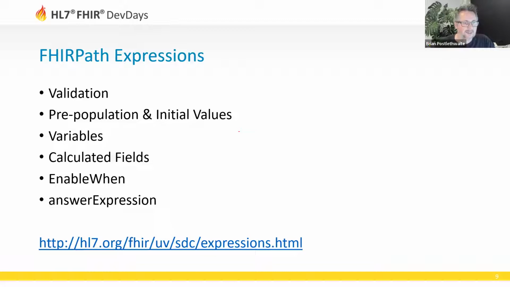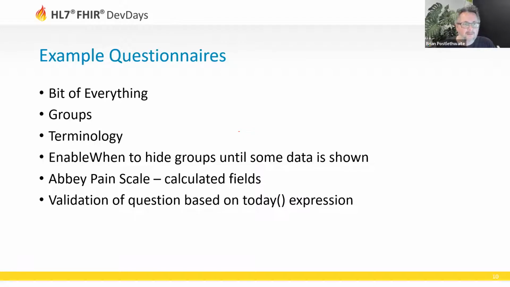And then answer expression is for those cases where, instead of answer option with a couple of codes, you can use answer expression, which can give you calculated versions of those things. The SDC guide has that definition there. So now let's jump into some actual sample forms. We've got a bit of everything as our first one.